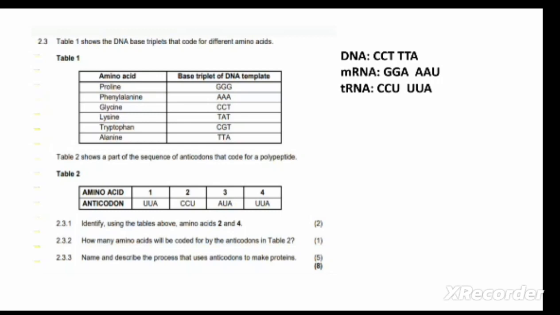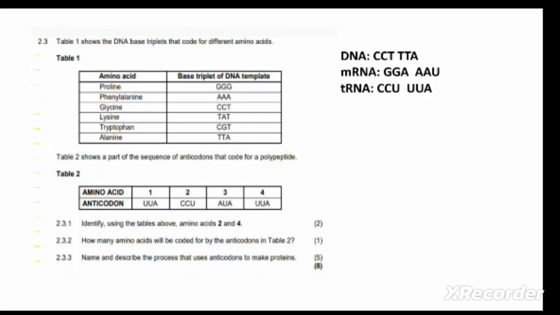So let's describe it. You write translation, and you're going to get a mark for it. Each tRNA carries a specific amino acid. That is the first point. When the anticodon on the tRNA matches the codon on the mRNA, the tRNA brings the required amino acid to the ribosome. Amino acids become attached to each other by peptide bonds to form the required protein. That's all, and you're going to get your 5 marks.